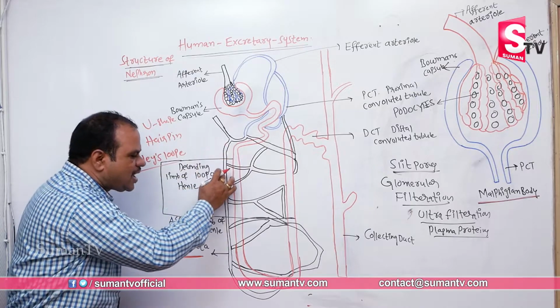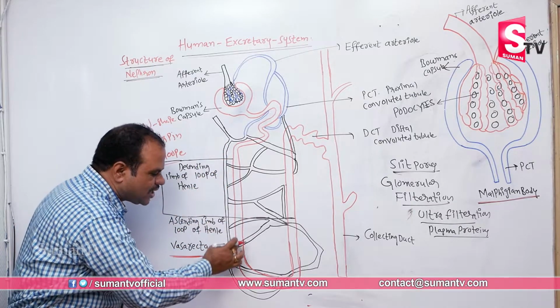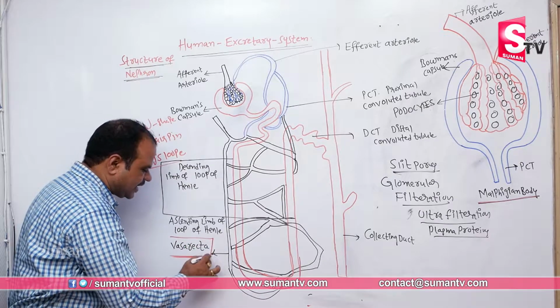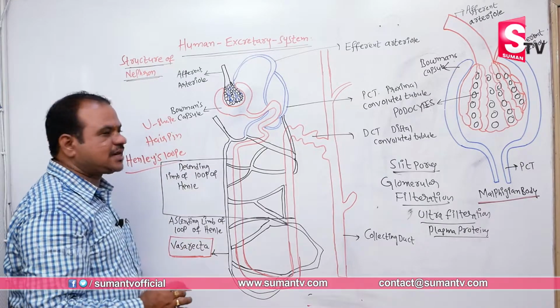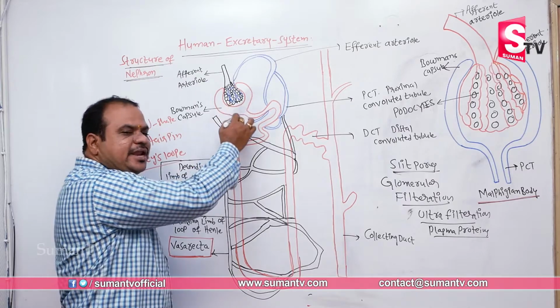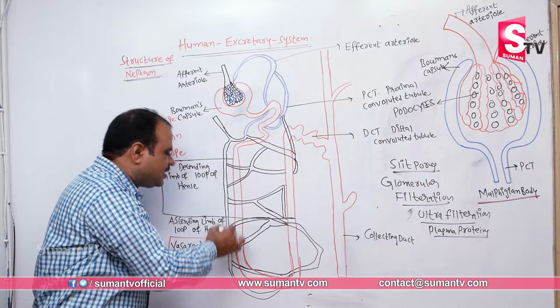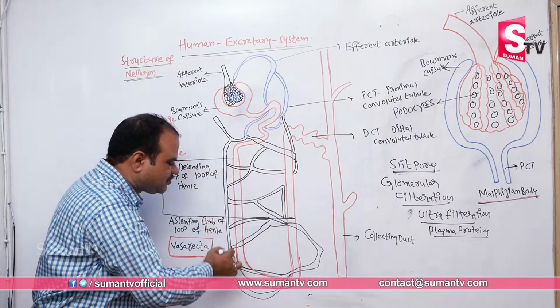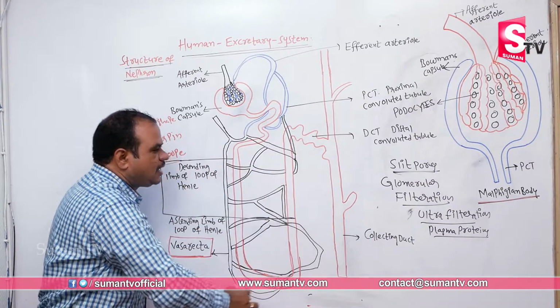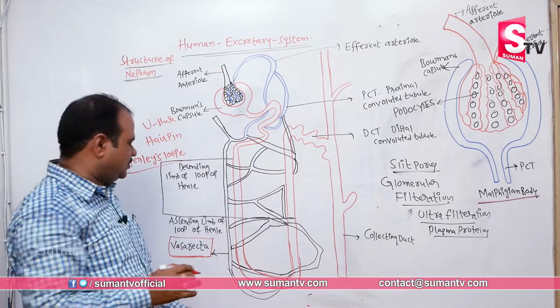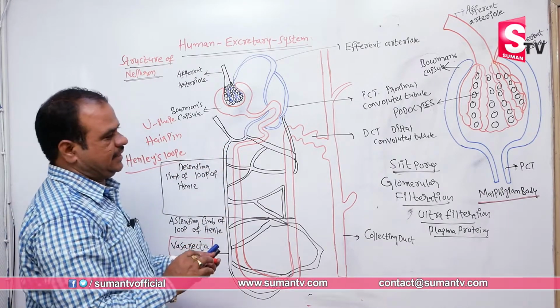The peritubular structures are surrounded by Henle's loop. That is nothing but the vasa recta. Vasa recta means the peritubular structures surrounded by the loop of Henle.